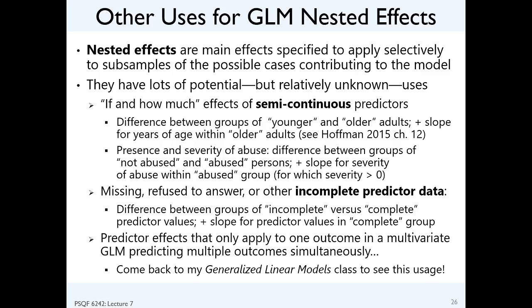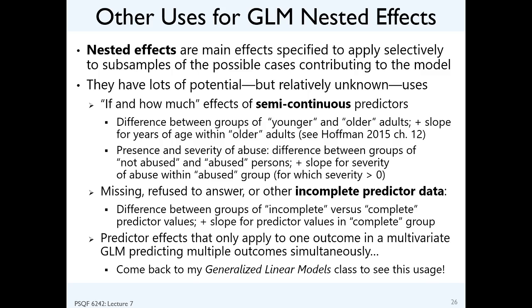So that's another instance of a nested effect within the group that answered the question. Obviously, you don't know what they would have said if they didn't answer, but at least then you can keep those cases in the analysis and look at mean differences in your outcome as a function of who chose to answer, and then further within that group what their answer actually was.